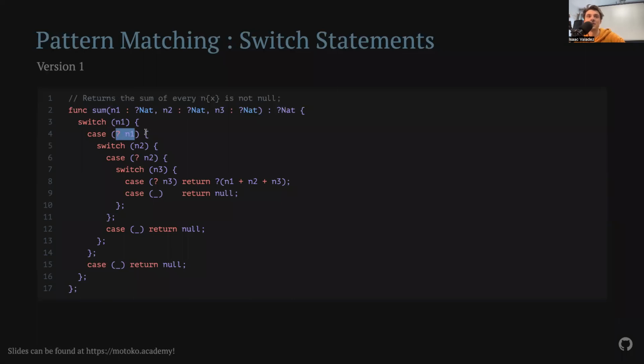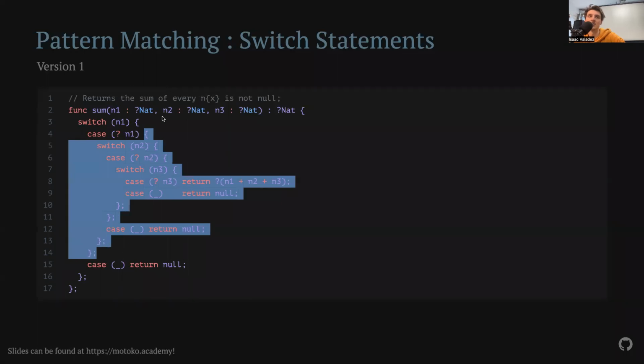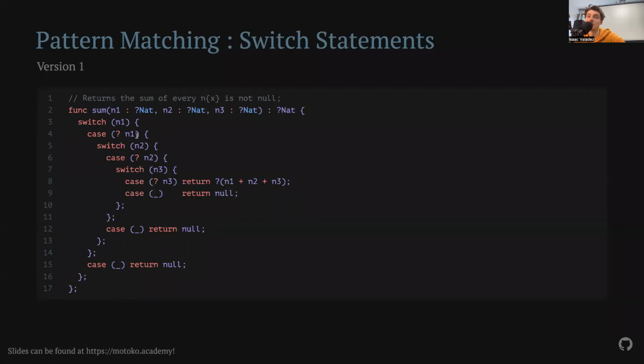If not, we go into this part. So that's done, we checked whether the first one was not null. We can just repeat the process and check the second. We do the same, return null if it has no value. In the third, we can do it a little shorter: if the third is null, we return null, and otherwise, if it has a value, we just take the sum of them.